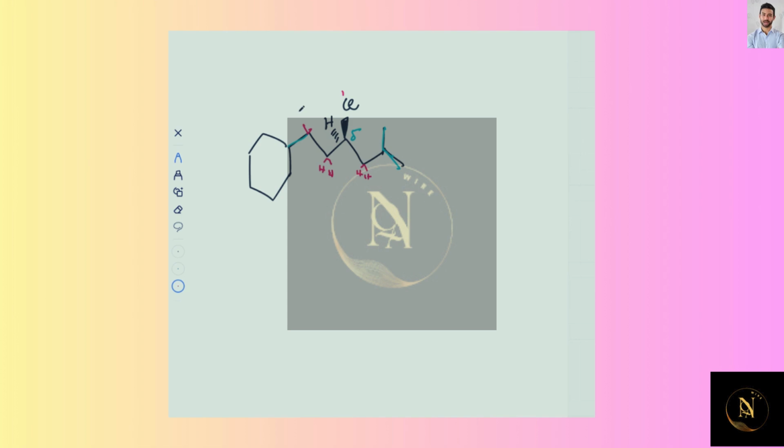Then on the left-hand side, we have a CH2, and on the right-hand side, we have a CH with 2 methyls. Methyls are higher priority than hydrogens, so while this one has a bond to carbon and 2 bonds to hydrogen, this one has 2 bonds to carbon. So the higher priority side is over here.